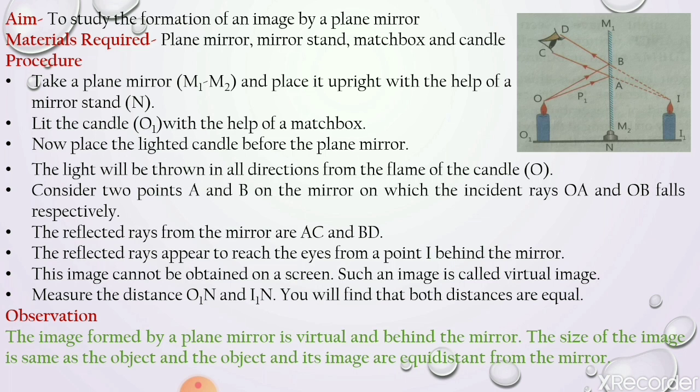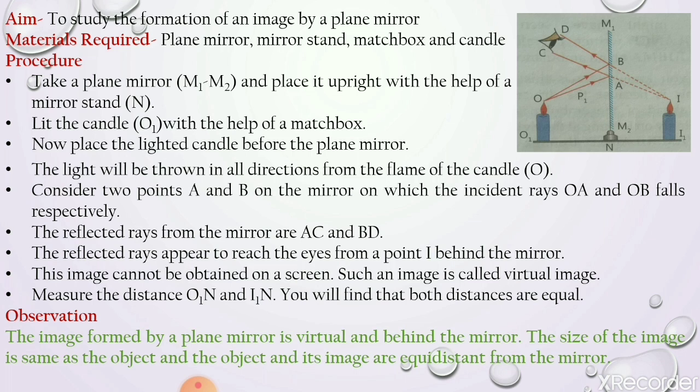Now when they reflect, the reflected rays from the mirror are AC and BD. As you can see in the diagram, two reflected rays are reflected from the mirror. Now the reflected rays appear to reach the eyes from point I, behind the mirror.